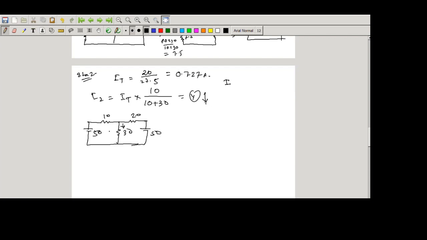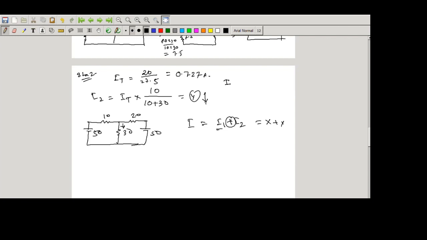Now how much current will flow through this 30 ohm resistance? The total I will equal I1 plus I2, that means X plus Y. Here it is a plus sign because the current direction for both steps is the same. If the current direction is different during the calculation, then we keep the minus.